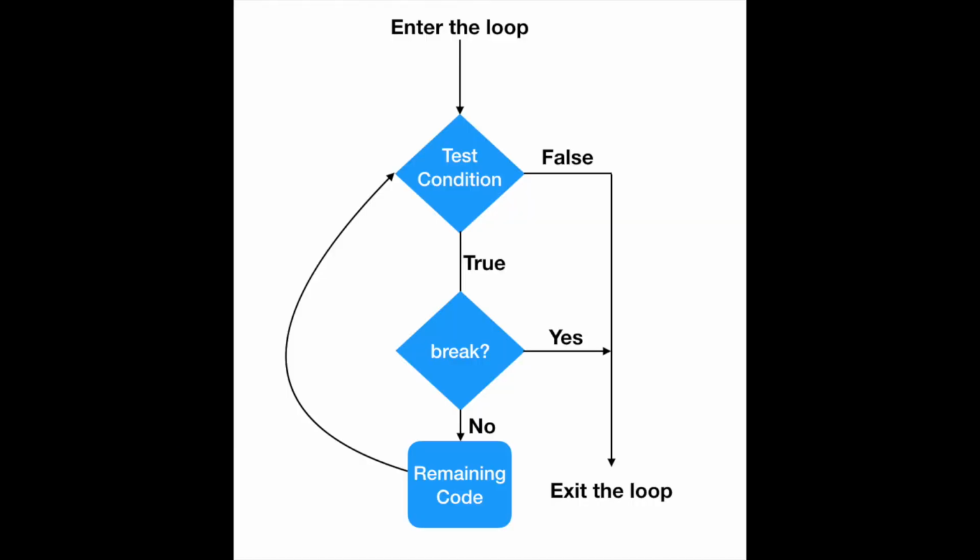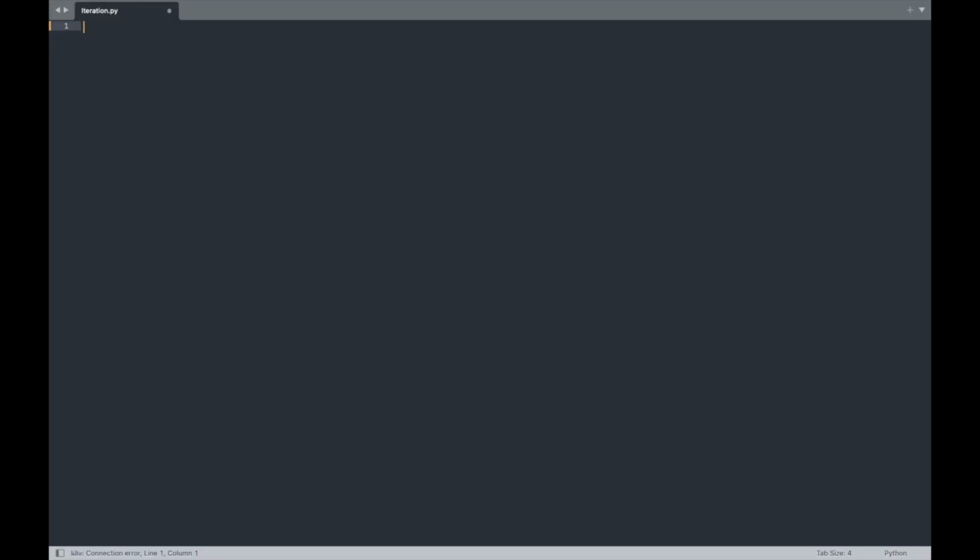With the while loop, we noticed that it keeps iterating until the condition is false. That means as long as the condition is true, it will keep repeating the same process again and again. With the break statement, we can actually stop the loop even if the condition is true. Let me show it with a simple example.